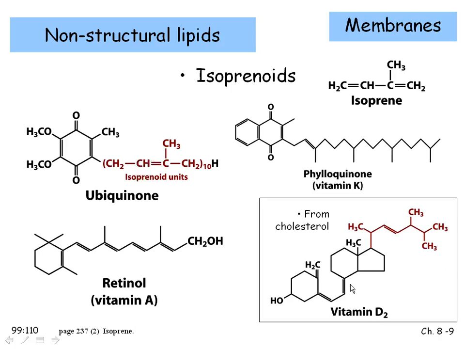It's derived from cholesterol. You can sort of see here how that could have been a cholesterol molecule to begin with. And interestingly, it can be made from cholesterol by UV in the skin, that the energy of UV light is enough to lead to the photolysis of cholesterol and make vitamin D.